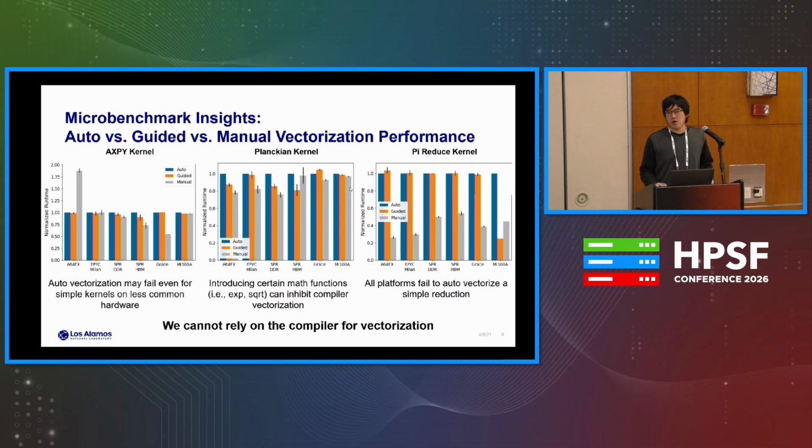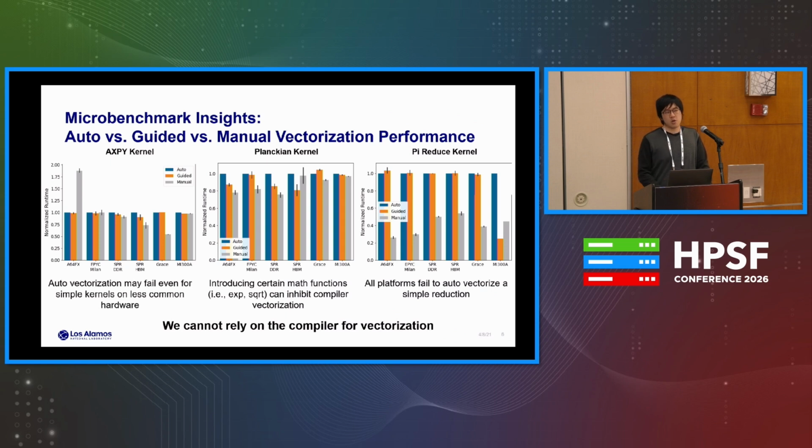As a quick sanity check, I wanted to see what is the current status of auto-vectorization in compilers. It's been a while since I've done these tests, and I was a bit disappointed. The runtime is normalized to the auto-vectorization. In the ideal case, everything should be at the same exact runtime, because that would mean auto-vectorization, guided vectorization, everything the compiler is doing is getting optimal code.